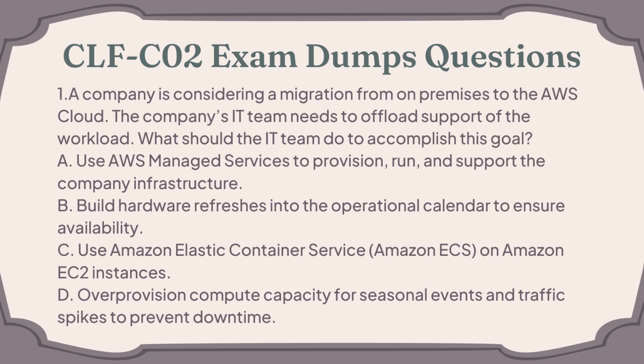B. Build hardware refreshes into the operational calendar to ensure availability. C. Use Amazon Elastic Container Service, Amazon ECS, on Amazon EC2 instances. D. Over-provision compute capacity for seasonal events and traffic spikes to prevent downtime.